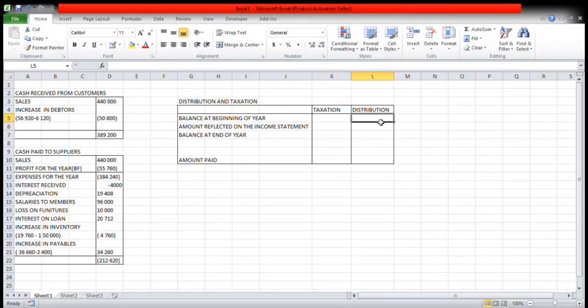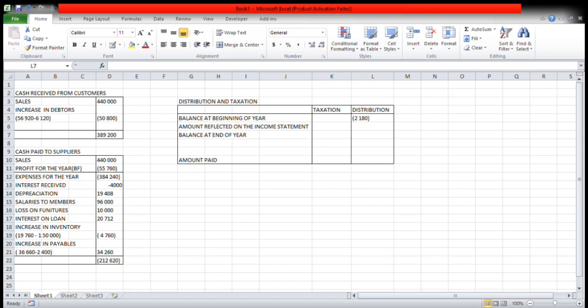So for the distribution, like I said, the balance at the beginning is going to be inside the brackets, and we have seen that the balance at the beginning is 2,180. So 2,180 is going to be inside the brackets. The amount reflected in the income statement for distribution was 24,000.